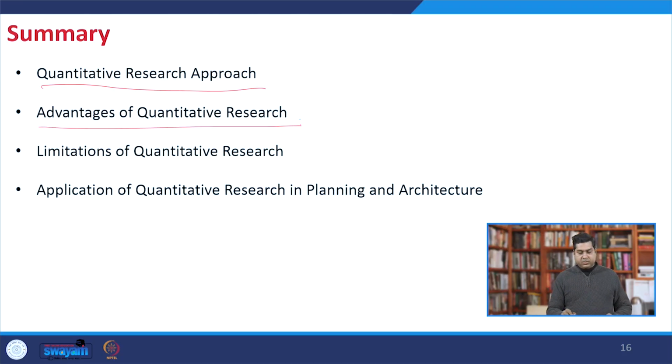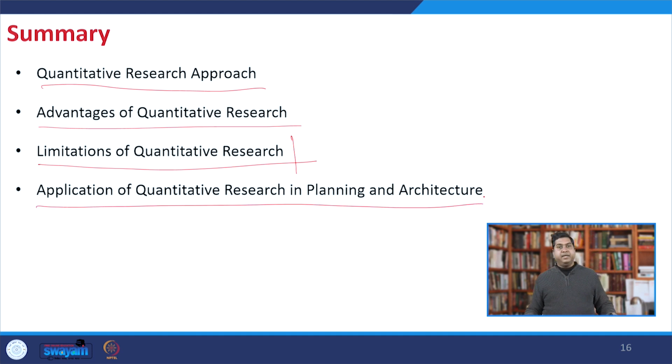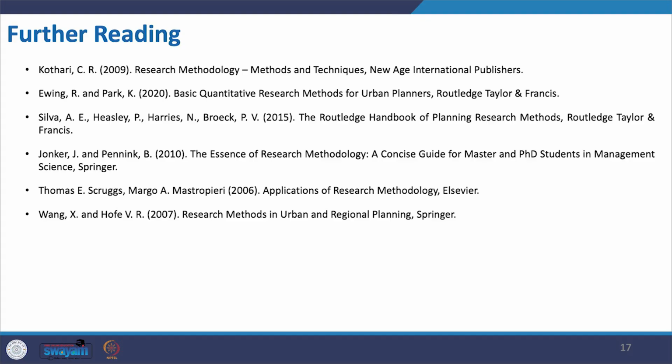We have discussed several advantages of quantitative research, and along with that certain limitations of losing the subjectivity or qualitativeness of the phenomena. We have also discussed several areas of application in different domains in planning and architecture. So with that we end this lecture here.